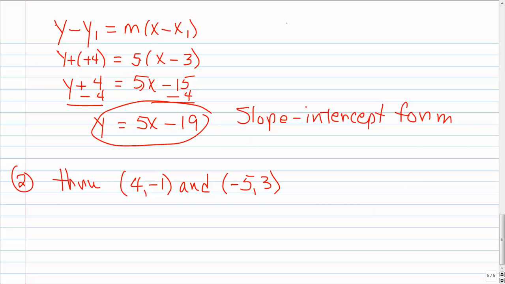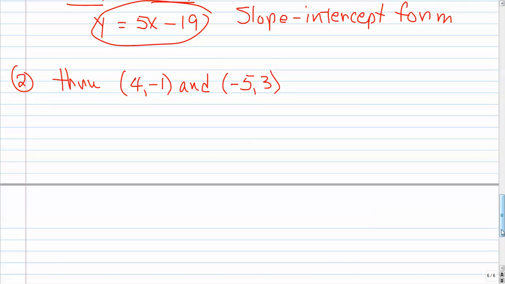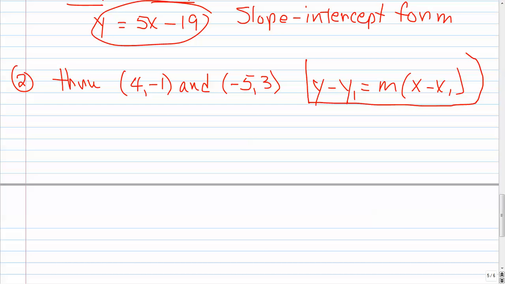I know that if I find the equation of the line, I'm going to use the point-slope form again. So I'll just write it out to the side right here. Y minus y sub 1 equals m times x minus x sub 1. And after you use it a few times, then you should learn it. It just takes practice.